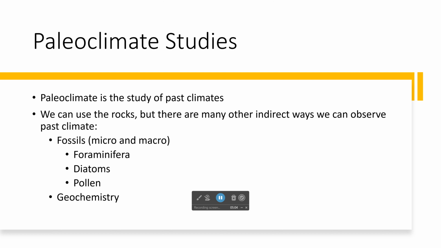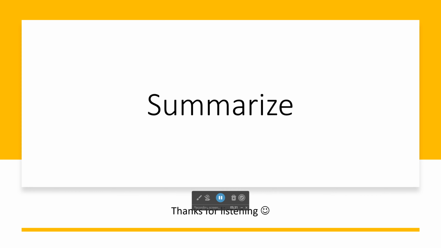Was there a lake there? Were there rivers? Was the water cold? Was the water salty? Those are some things like forams and diatoms. But you can also look at fossil pollen, which can tell you what type of plants were in the area. And plants have certain conditions that they like, right? And then finally, we can also use geochemistry, which is related to the actual elemental composition of materials.